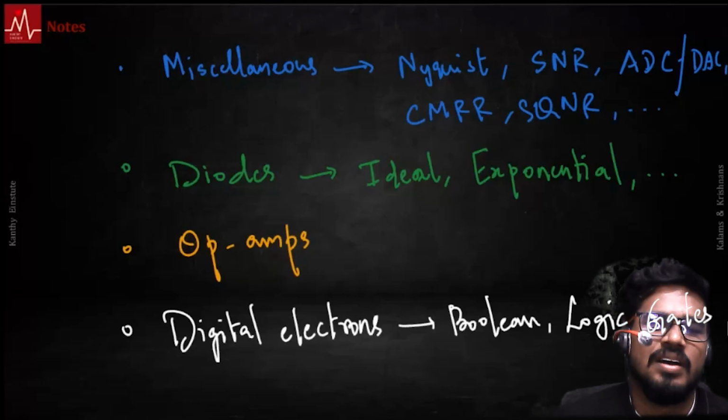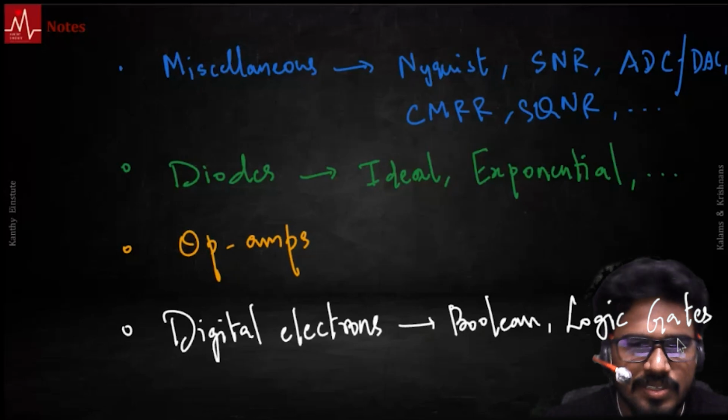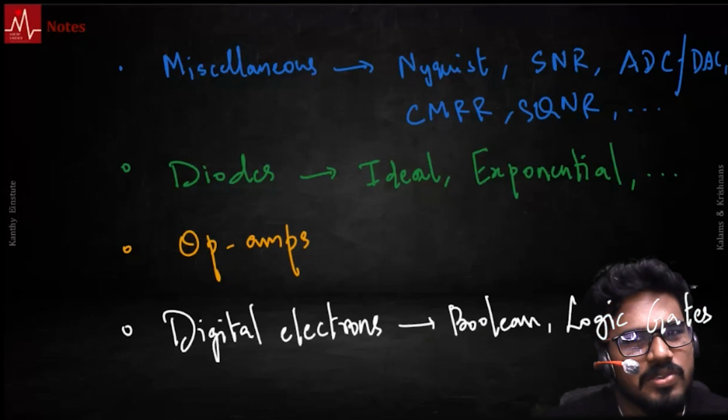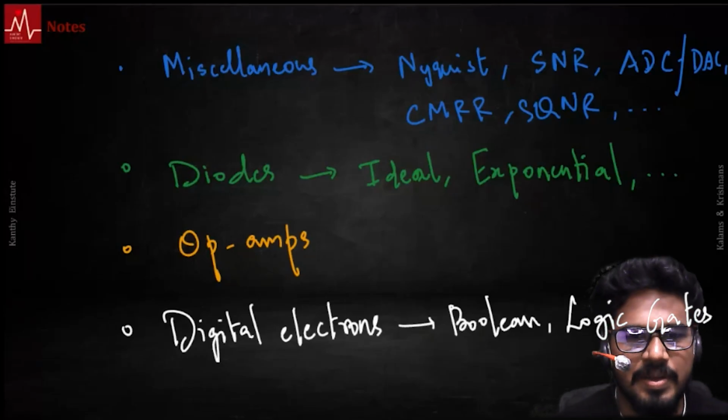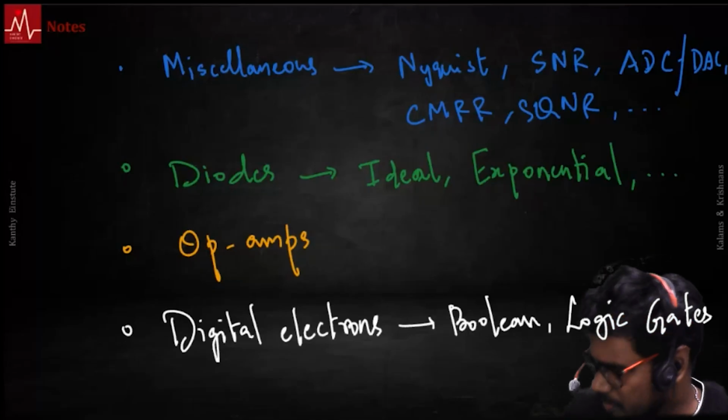On top of this, combinatorial circuits are a plus. Sequential circuits, if you also know the basics of that, that is fine. But notice, again, for op amps I am only referring to basic things.